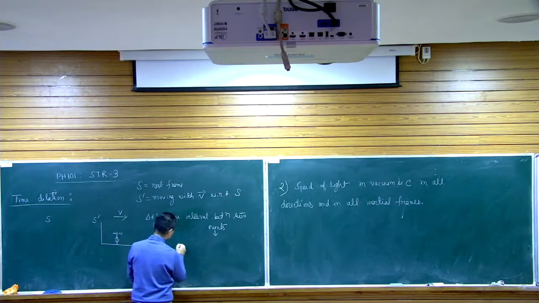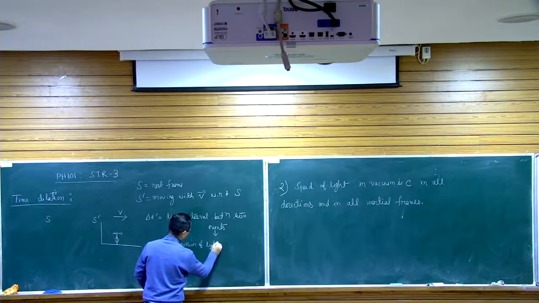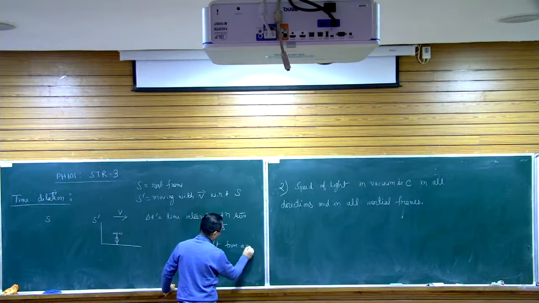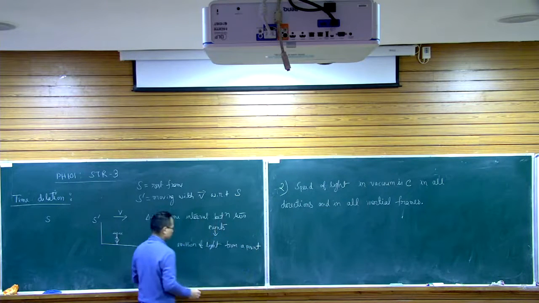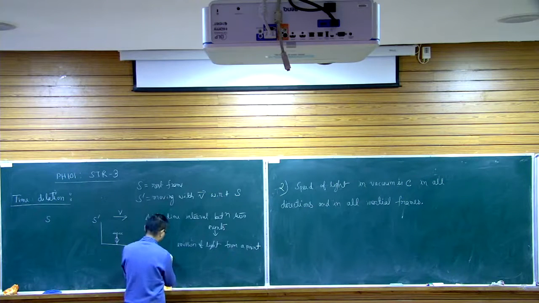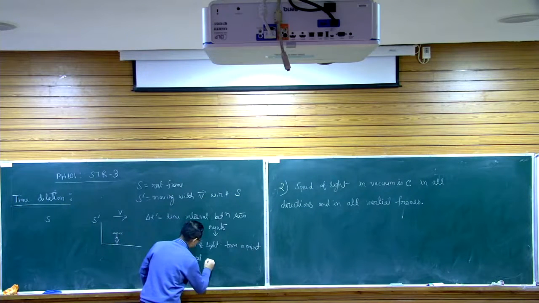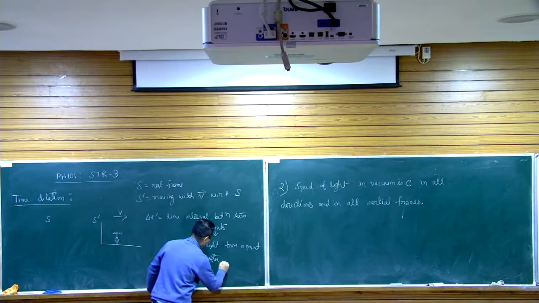The two events are emission of light from a point and its arrival after reflection.